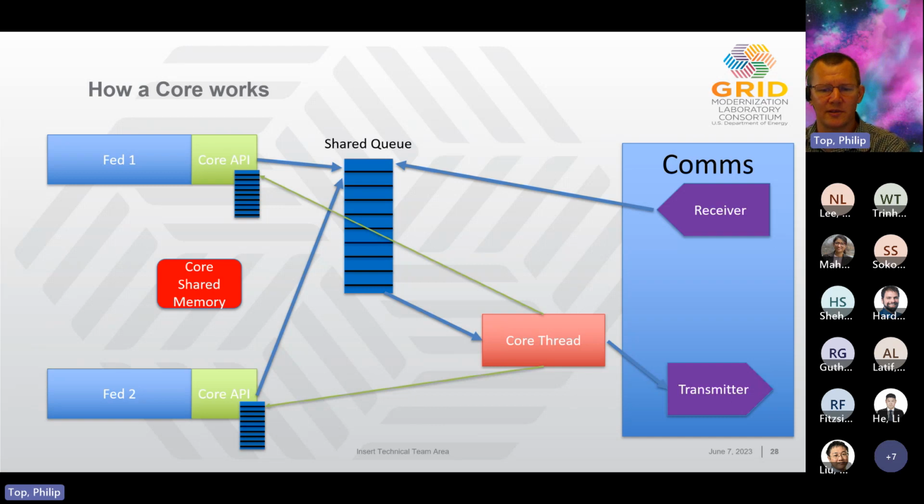And this is what allows HELICS to interact with different communication mechanisms in a seamless way. And the receiver will then put messages back on the shared queue for processing by the core thread. And so the whole cycle can keep going.